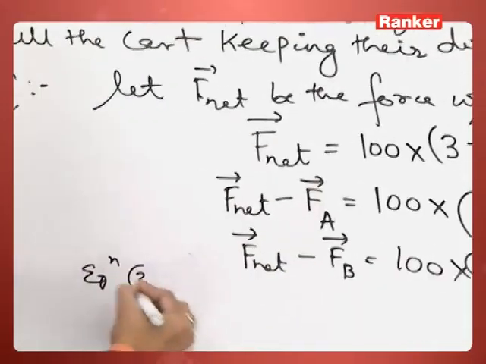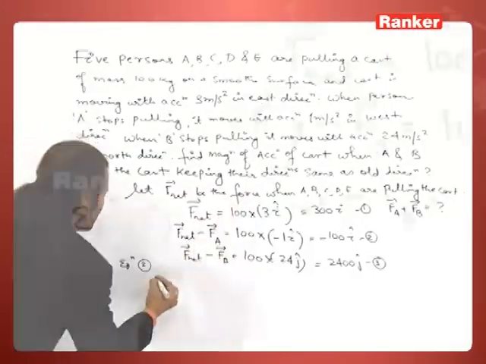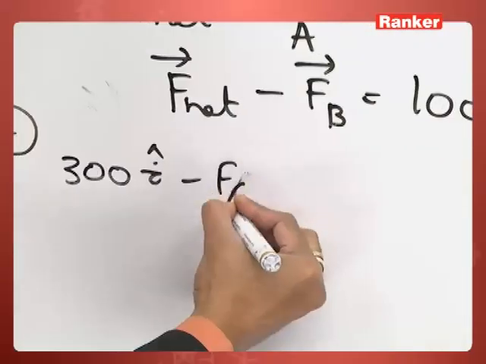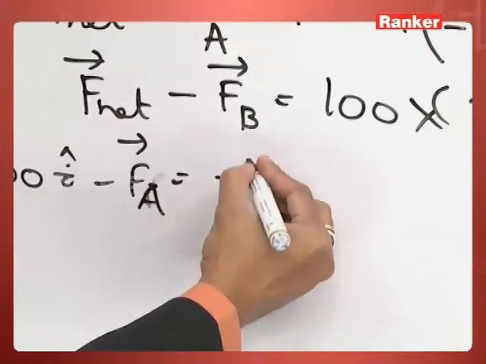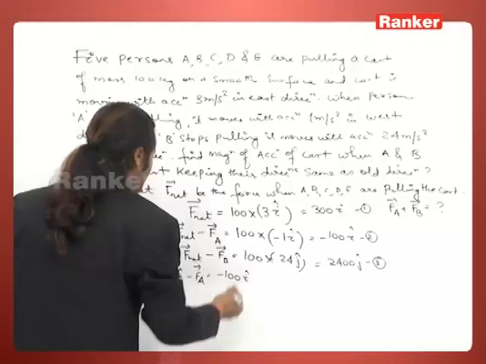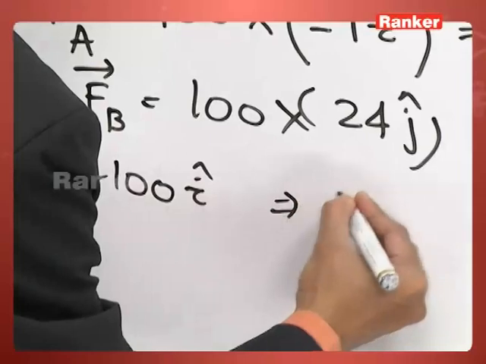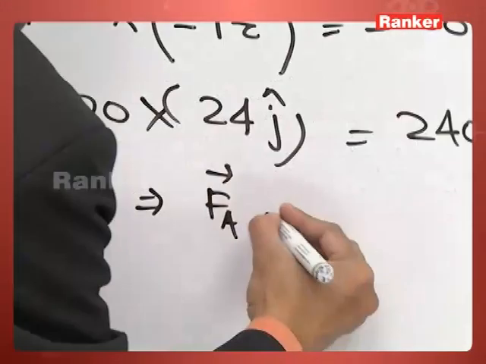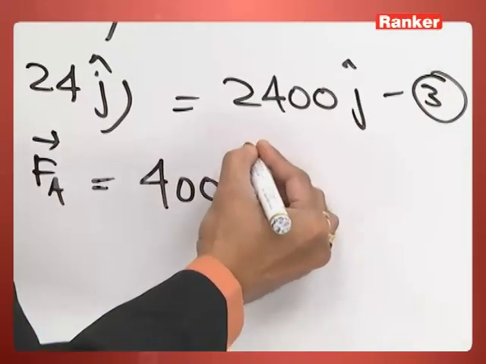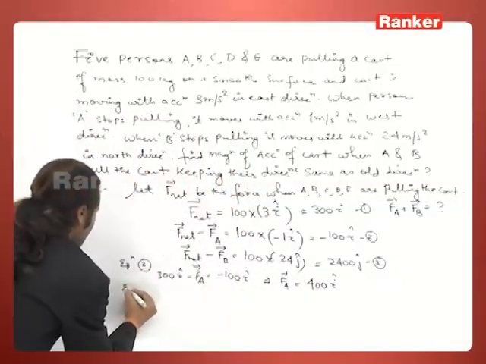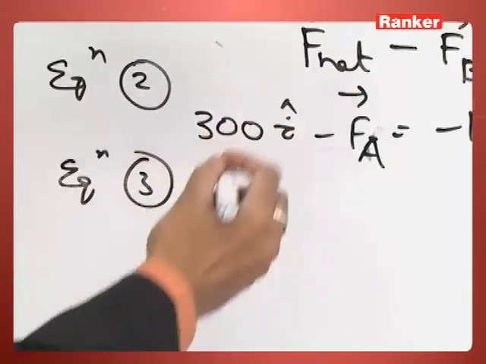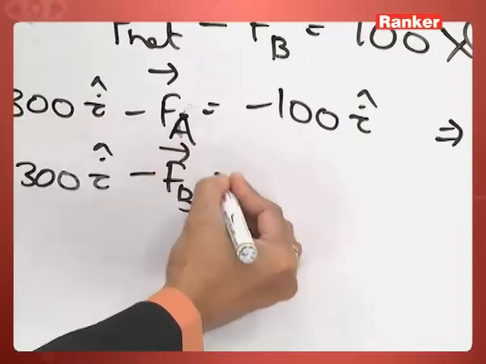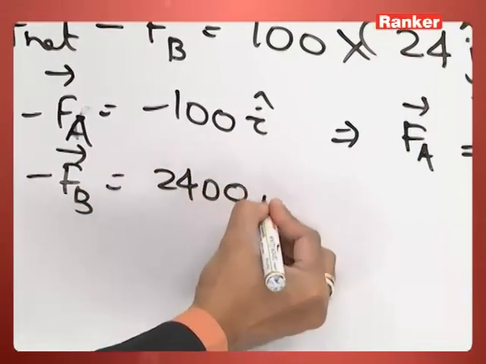Equation 2 reduces to F net, 300 i cap minus FA, is equal to minus 100 i cap. That implies FA equals 300 i cap, this 100 i cap comes over here, 400 i cap. Now equation 3 reduces to, again, 300 i cap minus FB equals 2400 j cap.